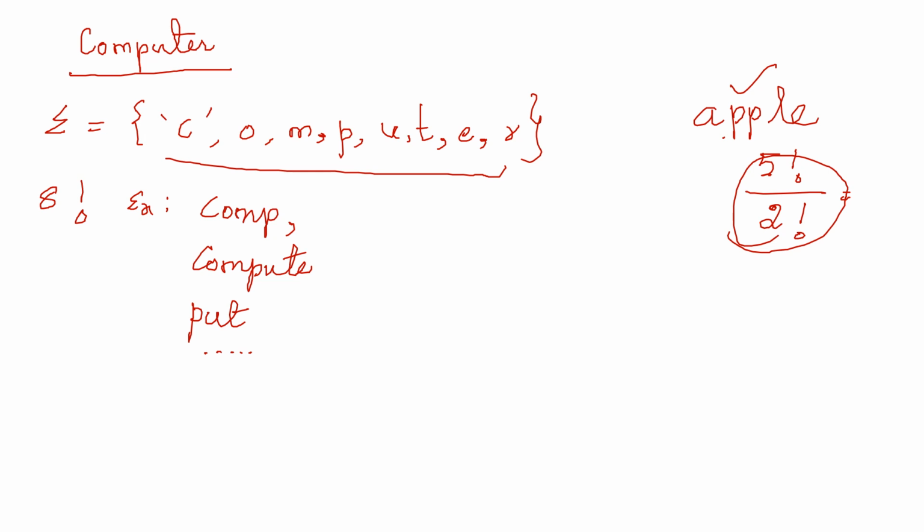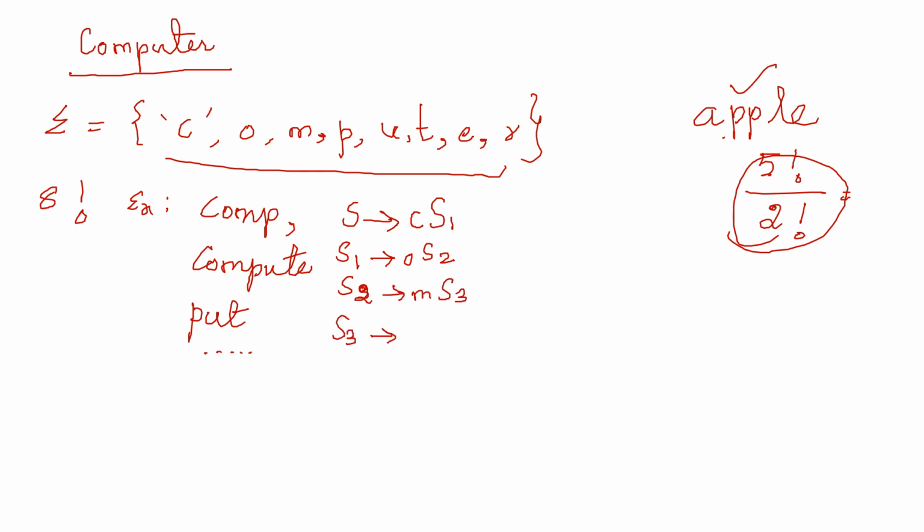Simply I'm writing one production rule for this. I am starting with S. It starts with computer, that is C we need, that's why I'm giving the C. S tends to C S1. S1 tends to O S2. S2 tends to M S3.